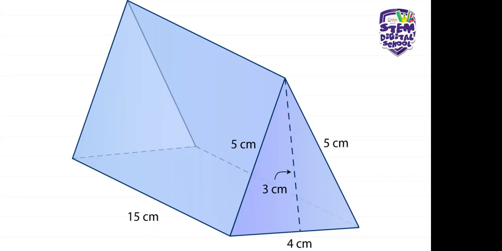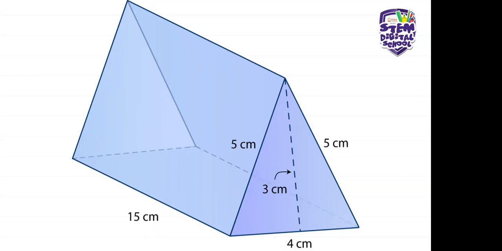I see Lynn has already calculated the surface area of the entire prism, and you found 222 centimeters. That is correct, Lynn. I agree with you. But for now, I wanted to show everyone that in order to calculate the surface area, all that you need to do is to calculate the area of every face.